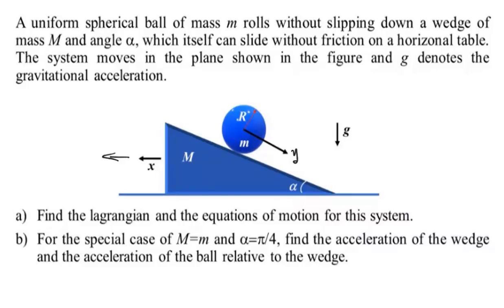But remember, the wedge is not moving by itself. The ball is on top of the wedge, so we have to take into consideration the mass of the ball. Then the kinetic energy of the wedge includes the mass of the ball, because the whole thing is moving together.